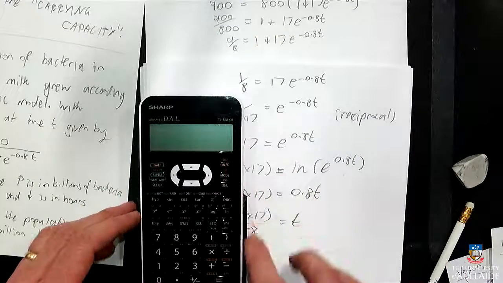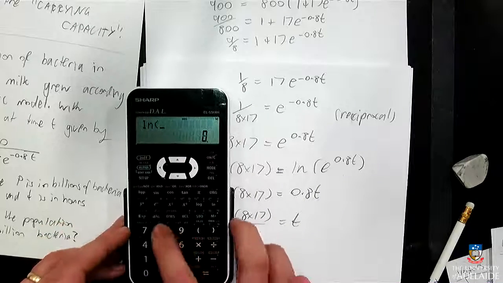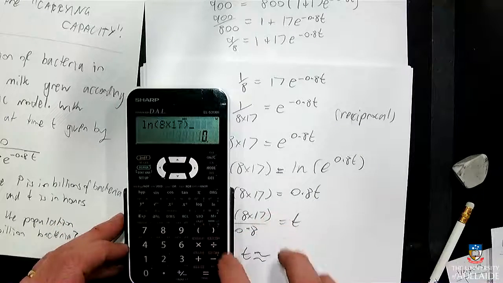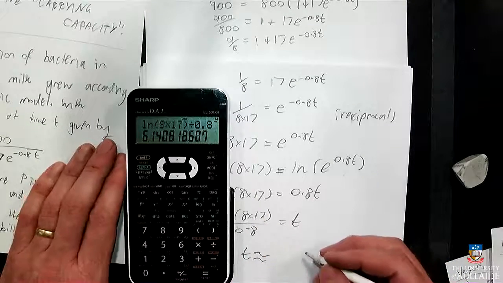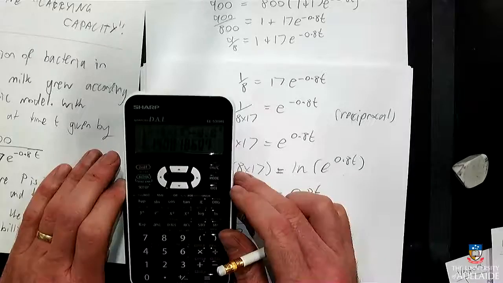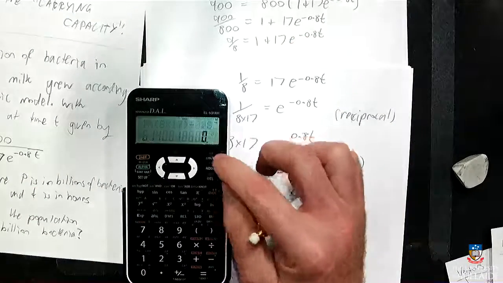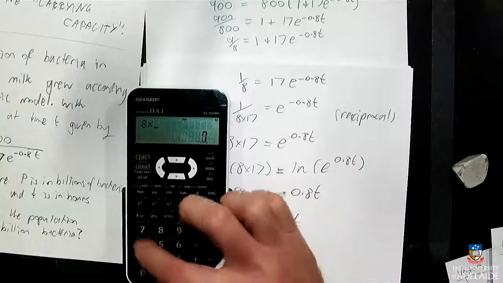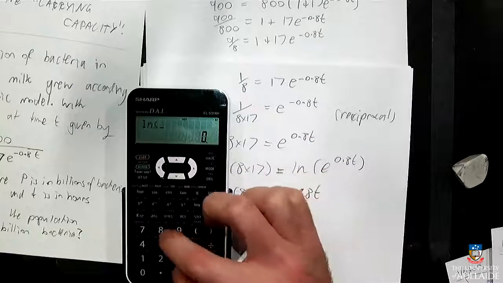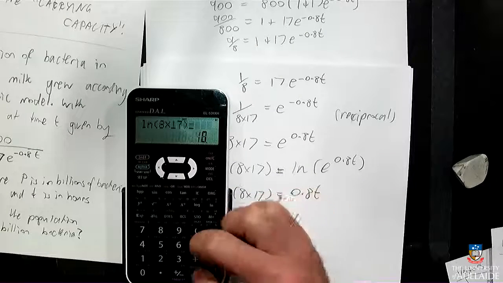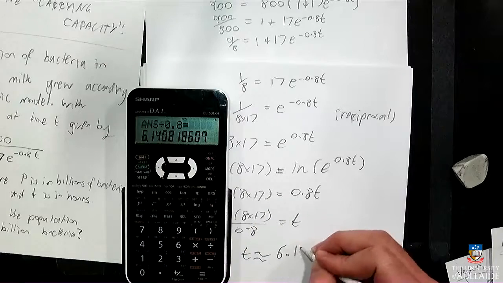Let's see. ln of 8 times 17 divided by 0.8. Really? Eight times 17. Oh yeah, that's not a very big number at all. 6.14.